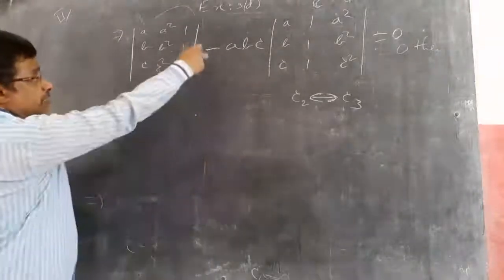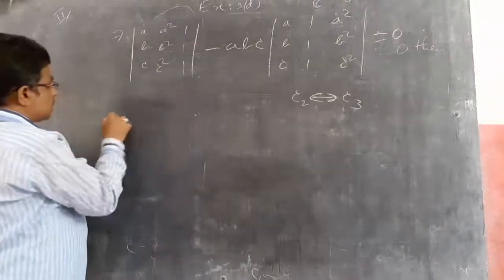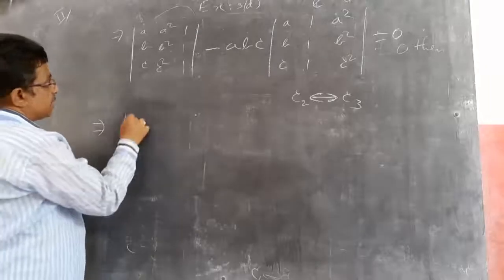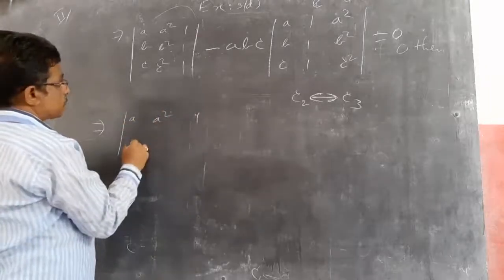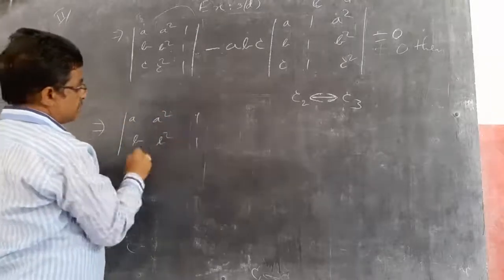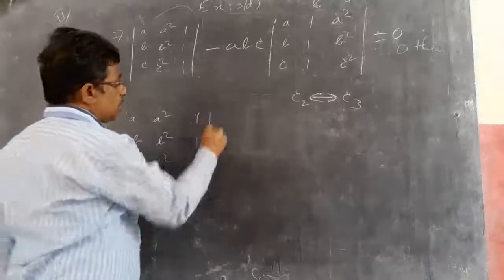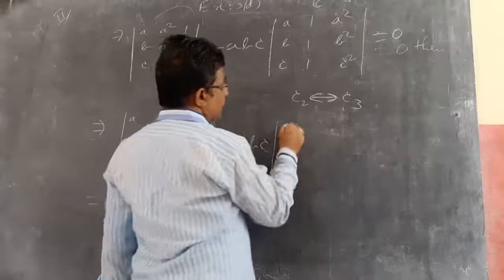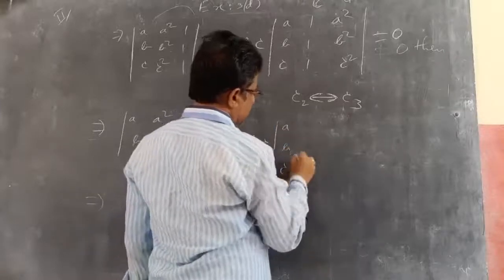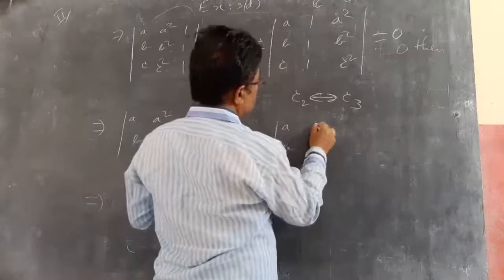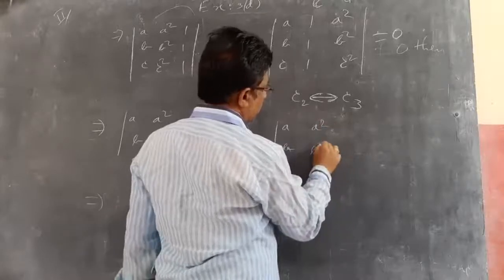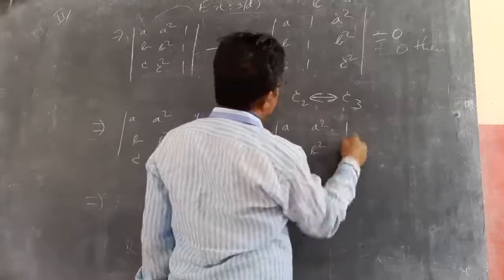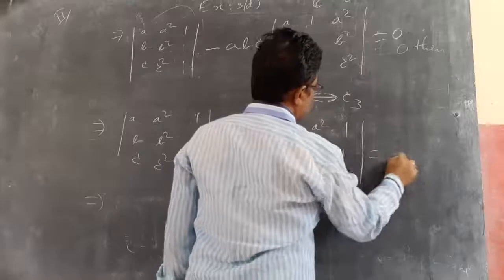So it becomes minus of minus plus abc. The final determinant becomes a square 1, b square 1, c square 1, minus of minus plus abc. First column as it is. Now I am interchanging second with third, so the second column becomes a square, b square, c square, and the third column becomes 1 1 1.